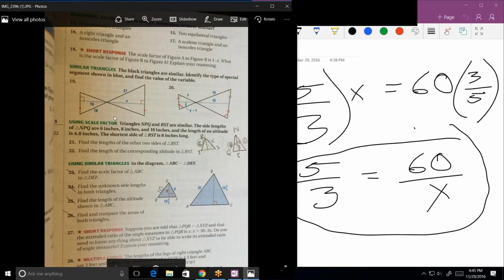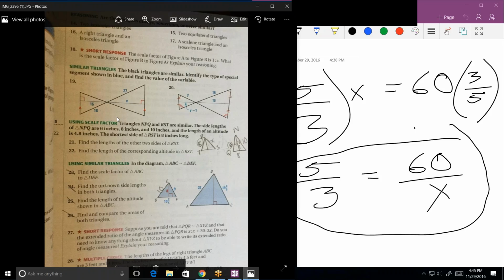Well, because we didn't even need to be told that the lines were parallel, we can use the parallel lines perpendicular to a transversal theorem. Right. But we already know the vertical angles are congruent. And you know this angle is congruent to that angle, and that angle is congruent to that angle. So yeah, you can definitely figure out that all three angles correspond. 18 is corresponding to 27.